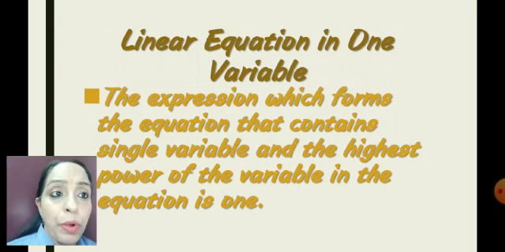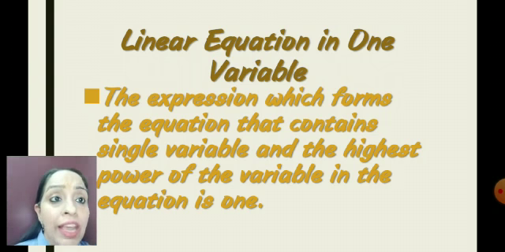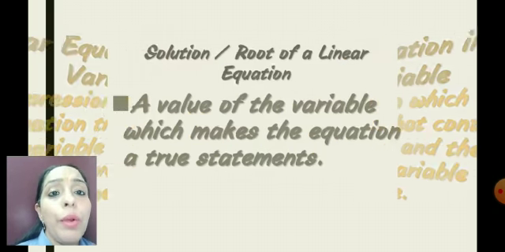That expression forms the equation and has a single variable, that is x, and the highest power of that x is 1. So we can say the expression which forms the equation contains a single variable and the highest power of that variable in the equation is 1. That is called a linear equation in one variable.